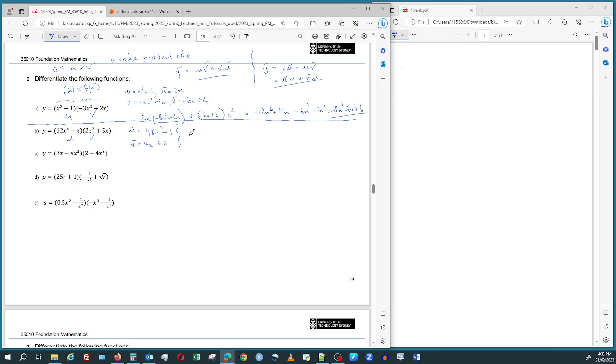12x4 minus x, 4x plus 5, plus 2x squared plus 5x by 48x cubed minus 1. So you can see there's pretty big expansions. So you've got to take care.